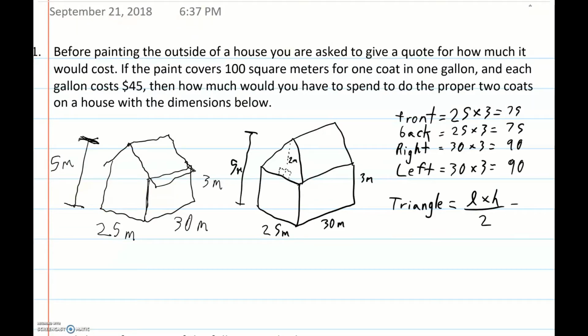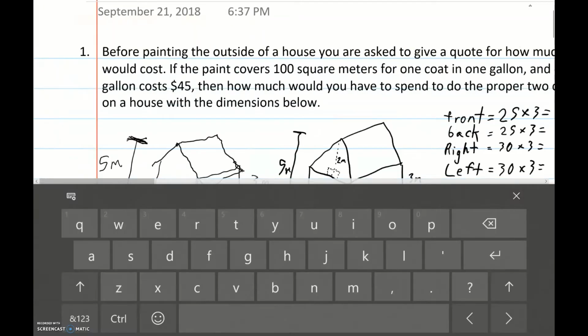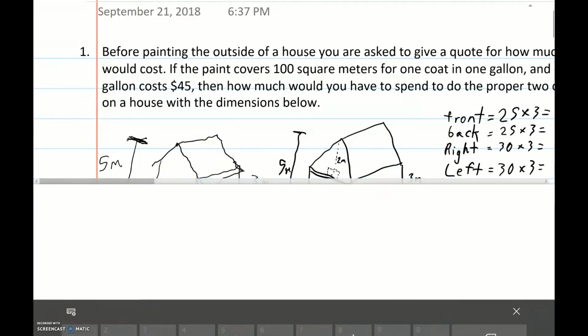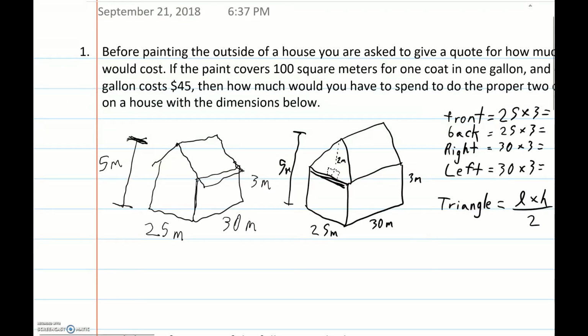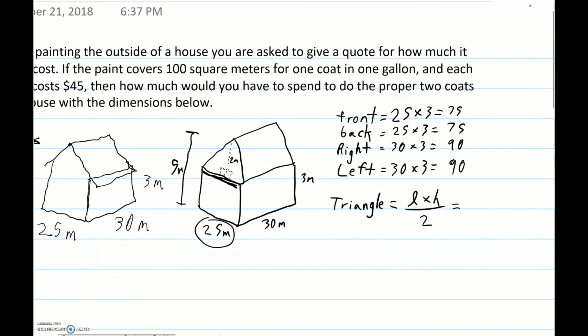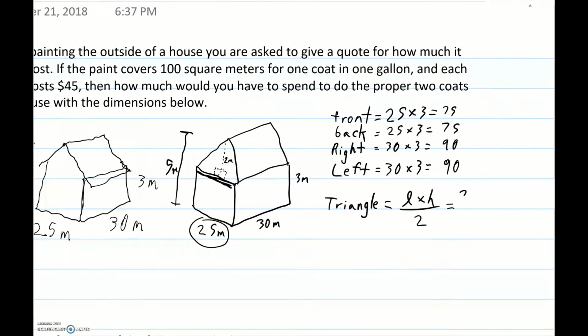In this case, our length is going to be the bottom, 25. This bottom side here is 25, as we showed before. So our length is 25 times our height, which is the 2 meters from before, divided by 2. So 25 times 2, 50, divided by 2, gives us 25.